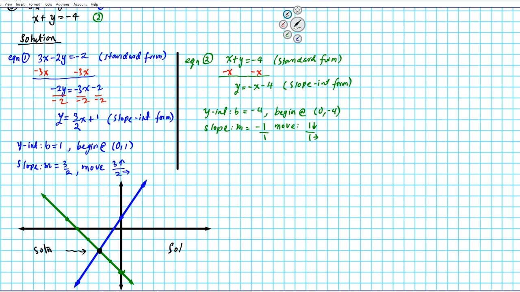Our solution is the coordinate point -2 on the x and -2 on the y, so it's -2, -2. Or you can write it as x equals -2 and y equals -2. Okay, so that is how you solve systems of equations by graphing.